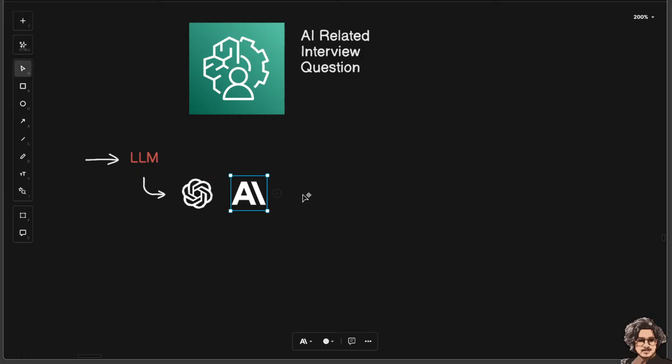These are the LLM models. A large language model is an AI model that is trained on a huge amount of text data to understand and generate human language.